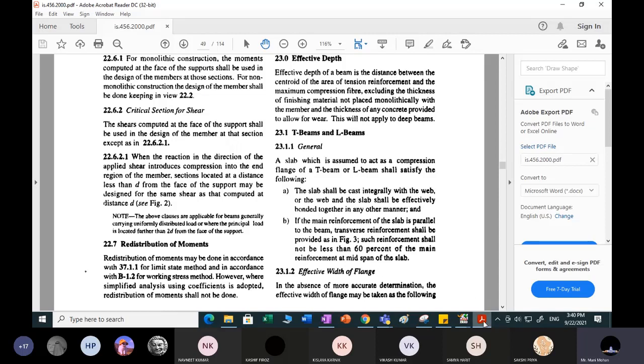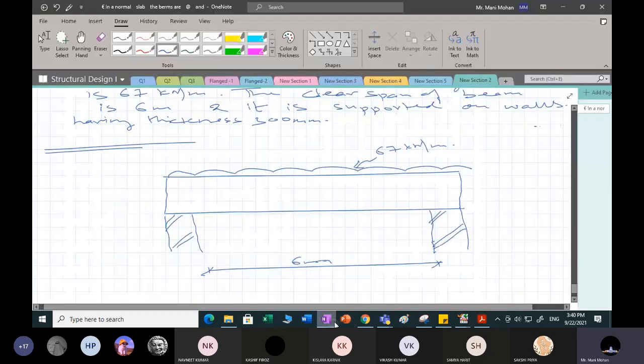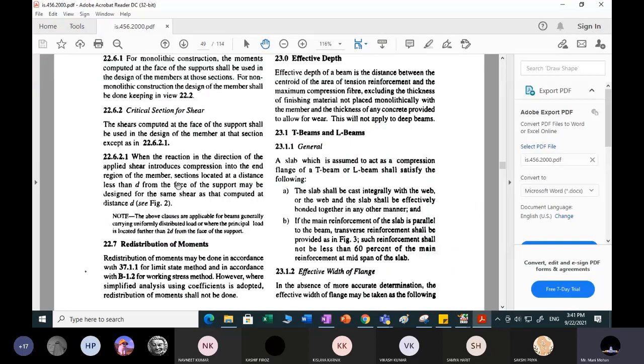So you can take the shear force at the face of the support. But here, in order to achieve some economy and to take advantage of compression reaction at the support, it is saying this critical section can be located at a distance d from the face of the support, provided you get a compression reaction.